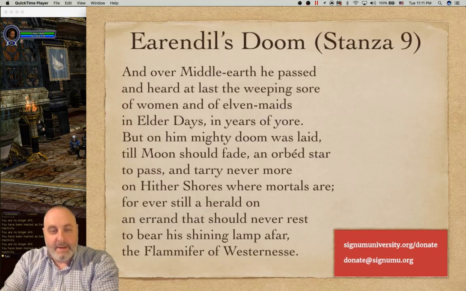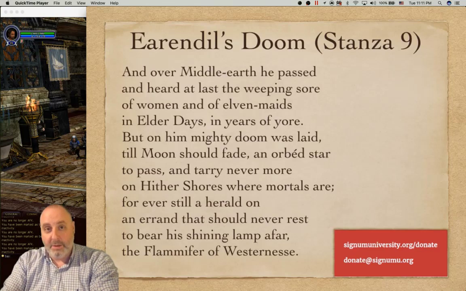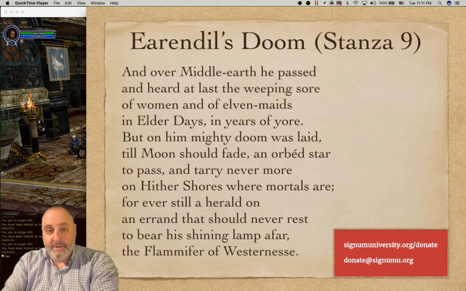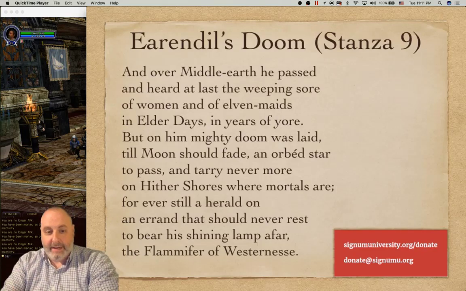So the flame in question is the flame of the Silmaril, and he is bearing his shining lamp, which makes him the flammifer of Westerness. Yeah, the Silmaril is the flame, he is the flammifer, by definition.